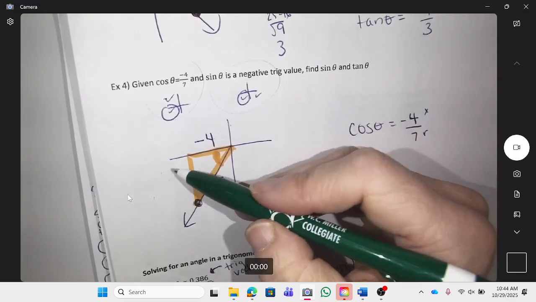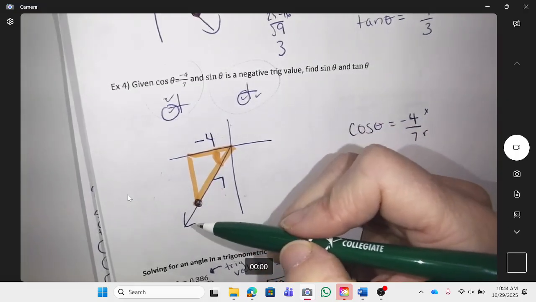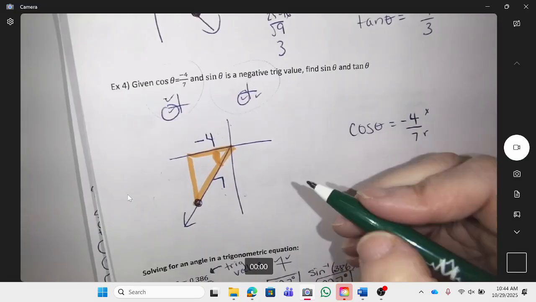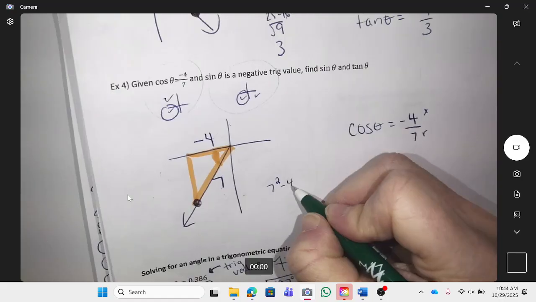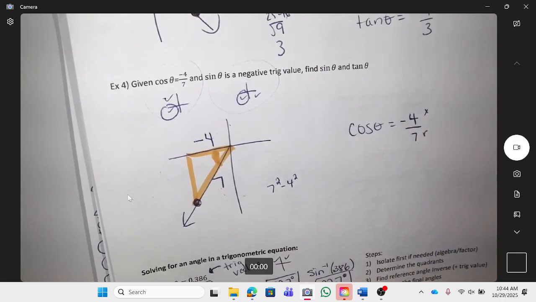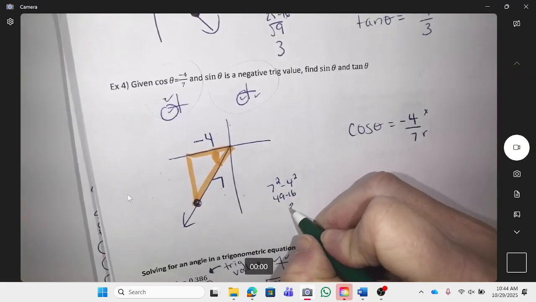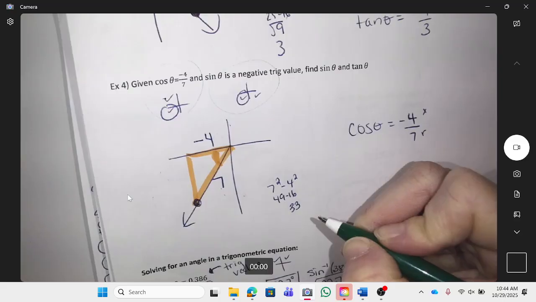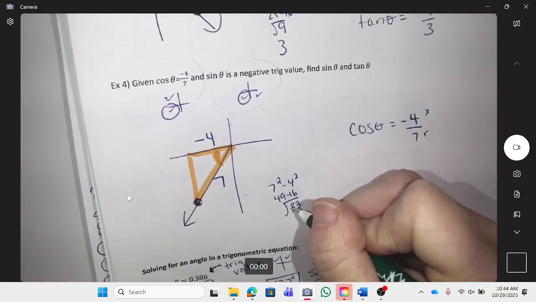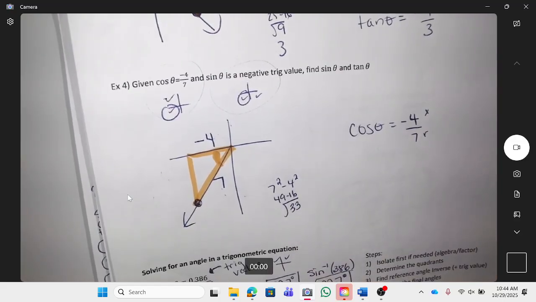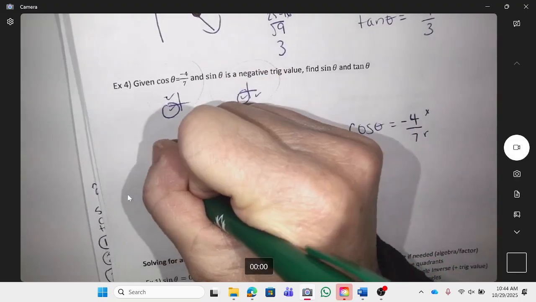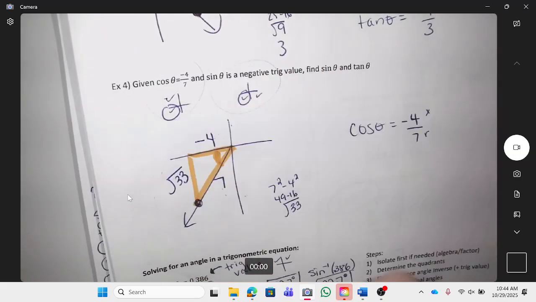Okay, so that means we got to figure out the vertical wall. Pythagorean, backwards Pythagorean. 7 squared subtract 4 squared. 49 subtract 16, that's 33. Square rootable, not good. So I'm going to leave it. When it's not a good one, you leave it. Square root 33 on that wall.